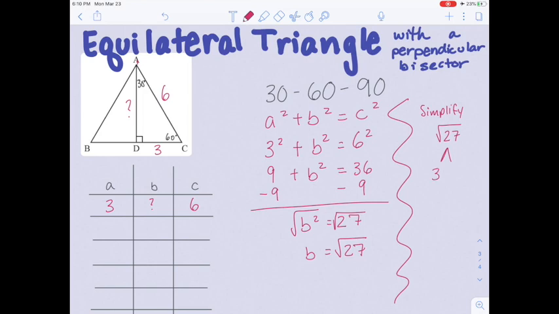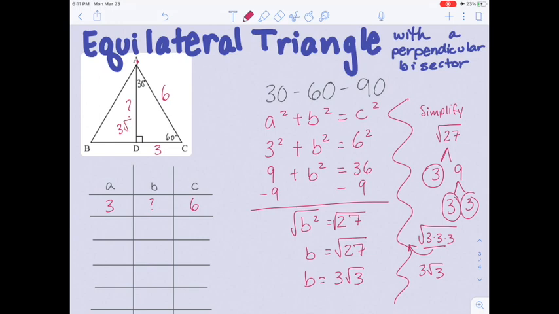There are. When you divide 27 by 3, you get 9 as the perfect square, which breaks down into 3 and 3, making it 3 times 3 times 3, and the pair leaves the radical as 3 radical 3. B equals 3 radical 3.